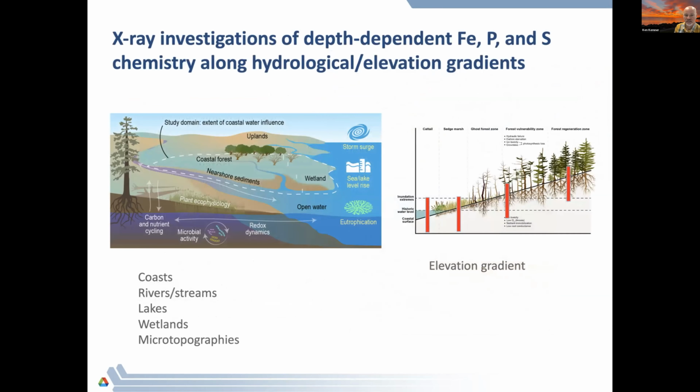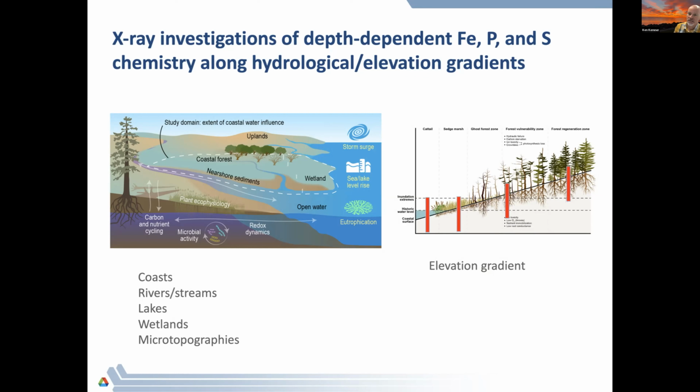So if you imagine a system on the left in this cartoon, where you've got the terrestrial and the aquatic environments and these interfaces where things are happening, trying to understand those systems and how it works, you can imagine an approach of doing this, which we show on the right, where you think of an elevation gradient, where you're going from where the water is on the left of that diagram and moving up in elevation to the uplands.